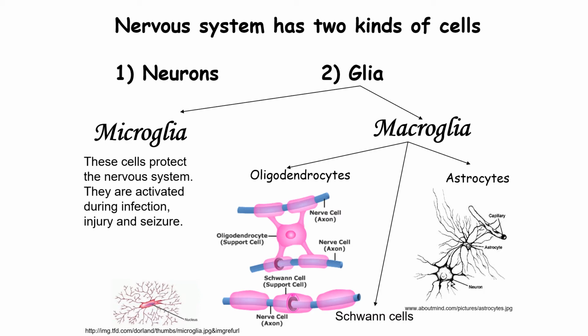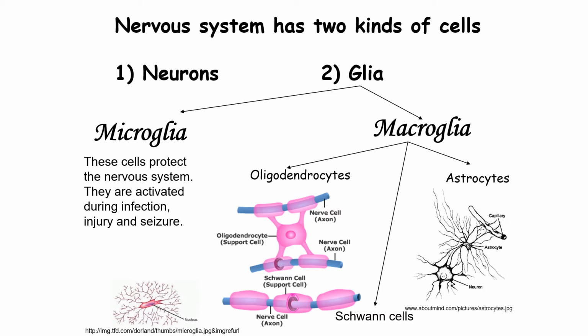For example, oligodendrocytes provide a support structure between neurons and between axons, as you can see in this diagram here. They form the sheath around the axons that allows signals to propagate much faster, and they also allow for communication between axons through these support cells. Astrocytes and microglia are both involved in immune response.